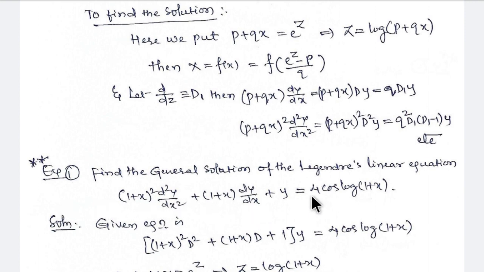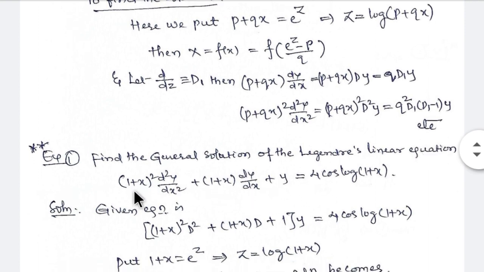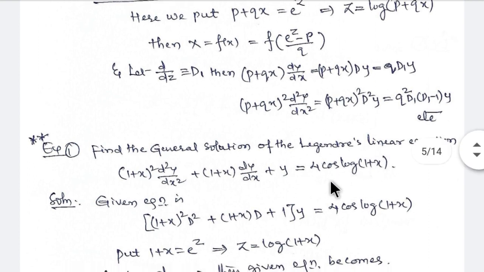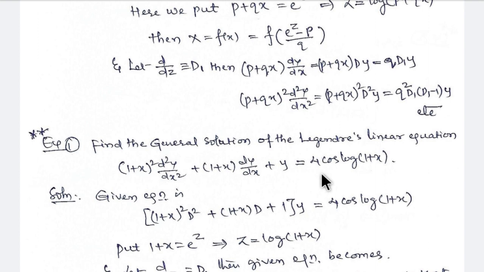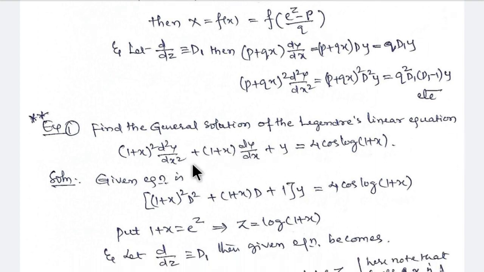By seeing the nature of the equation you can understand that this is a Legendre linear differential equation, another form of the homogeneous linear equation: (1 + x)^2 d^2y/dx^2 + (1 + x) dy/dx + y = 4 cos(log(1 + x)). The RHS is a function of x, and this is a second order Legendre linear equation.